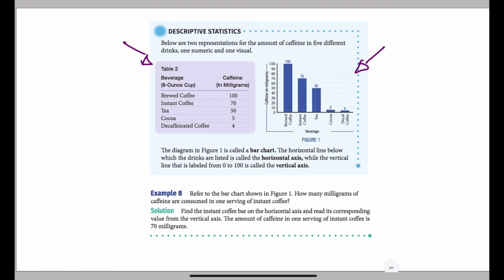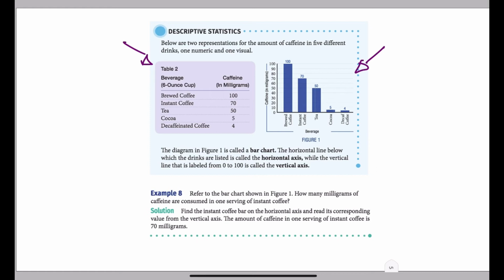Some representations are more useful than others. For example, if I'm really focused on what the numbers are and comparing the numbers, I may prefer the table. But if I'm focused on the visual impact that could have on someone, especially someone who's maybe not an expert, then graphs are a really good way to communicate.